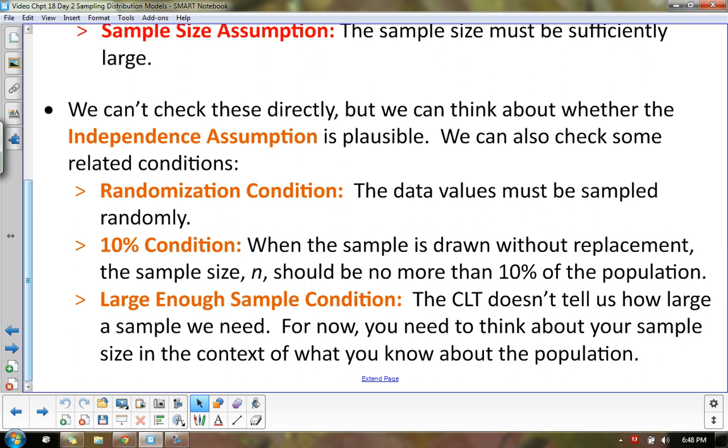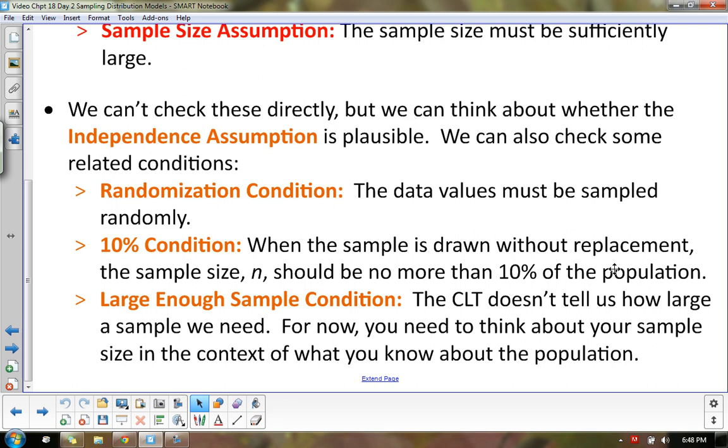Huge thing. The 10% condition helps us satisfy our independence assumption because it's saying that my sample is not too big, where I put some danger into my independence assumption, but it's big enough to meet my sample size assumption.